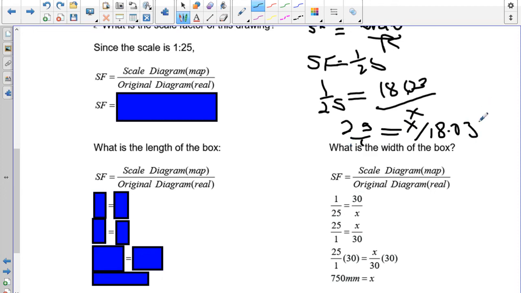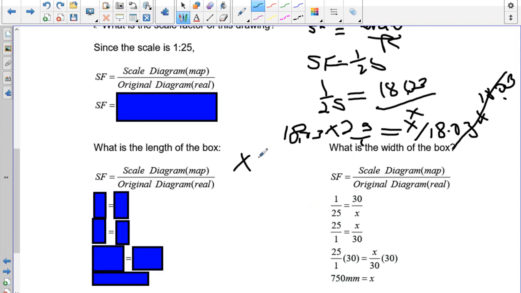So I've got to multiply this by 18.03, and they will cancel out. And I'm going to multiply this by 18.03. And then getting your calculator out, you should see that 18.03 times 25 should have gotten you 450.75.